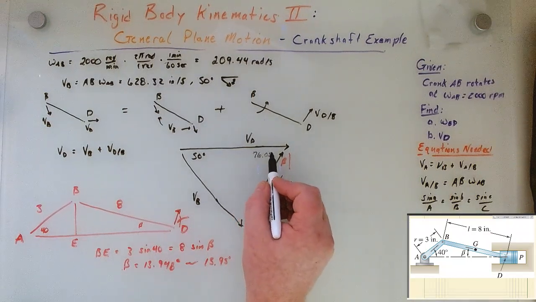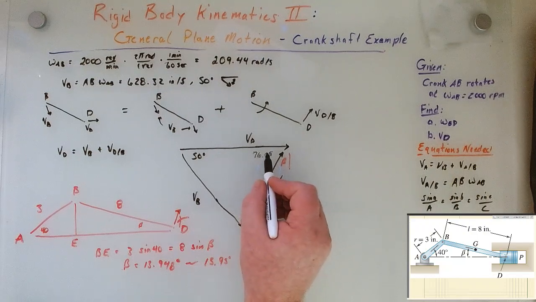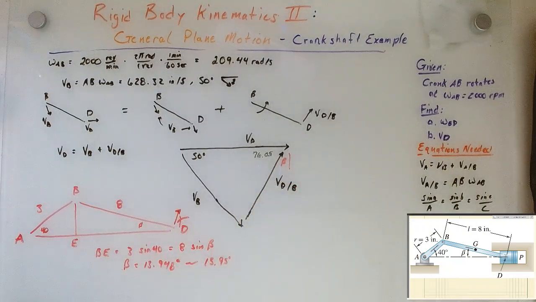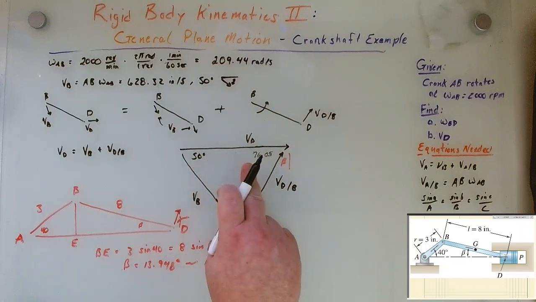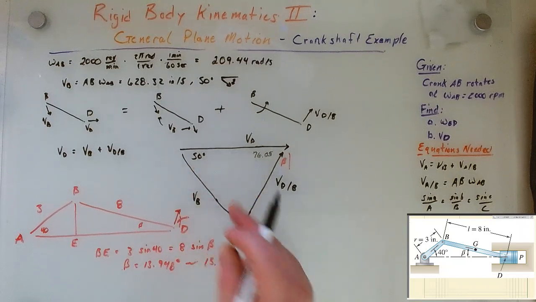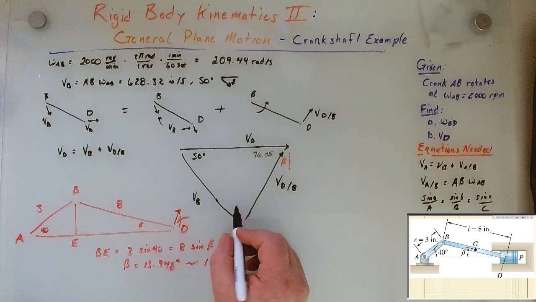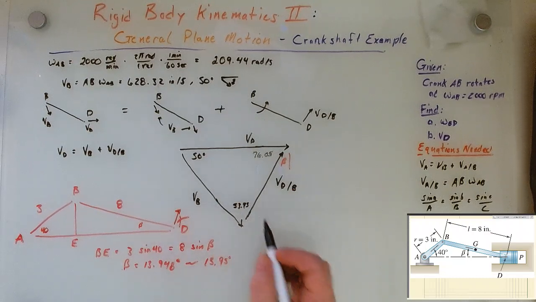And if that's true, then this angle down here is just 180 minus 50 minus 76.05, and that gives us 53.95 degrees.